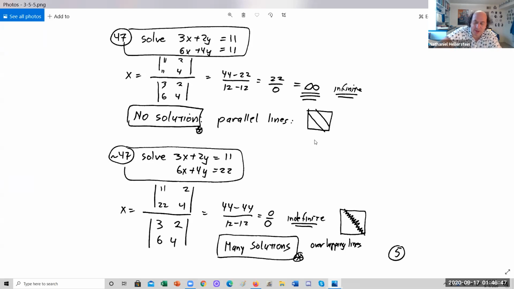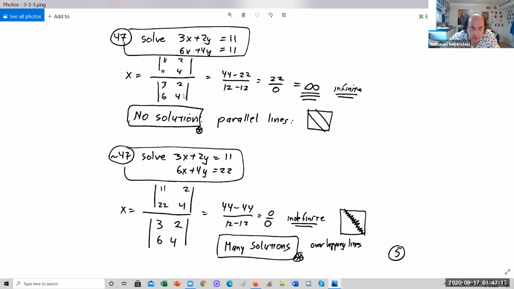Now here we get to our singular cases where there are many solutions or no solutions. Here we have 3x plus 2y equals 11, 6x plus 4y equals 11. All right, the coefficient matrix is 3, 2, 6, 4. Put the 11, 11 into the first column for x. Here we go. 11 times 4 is 44, 11 times 2 is 22.